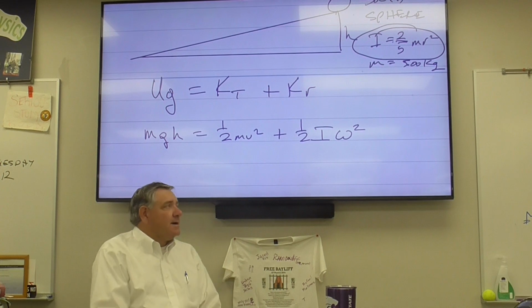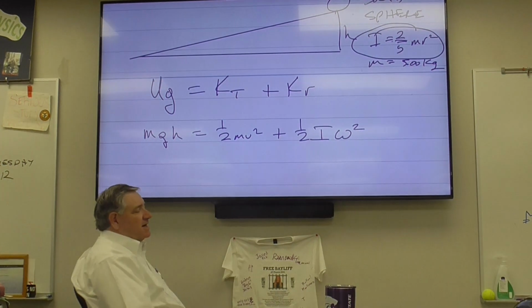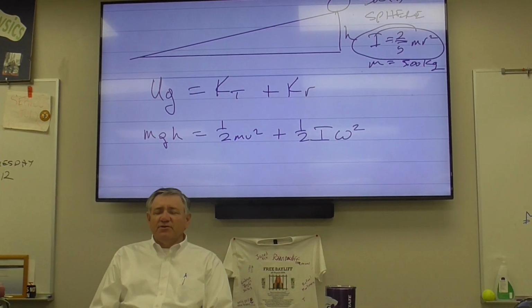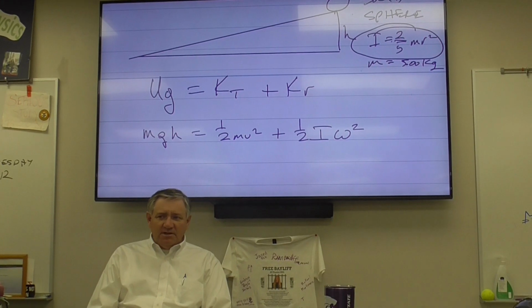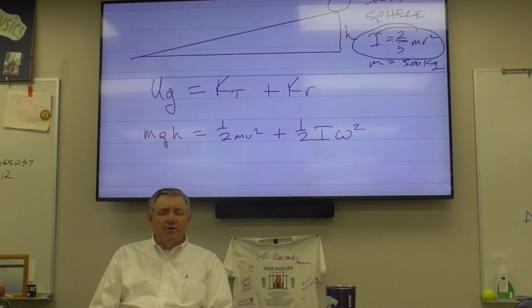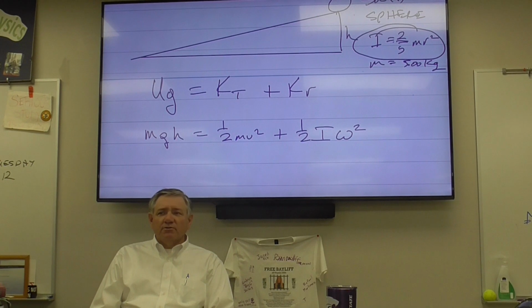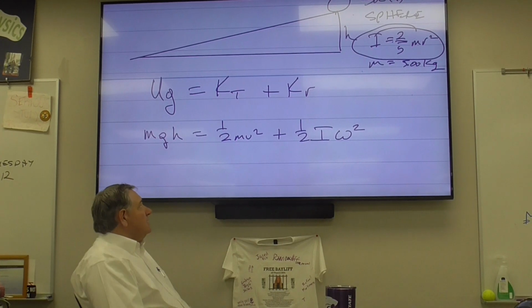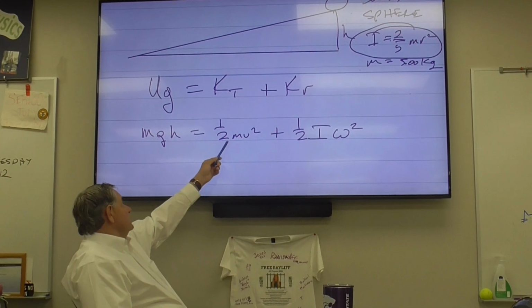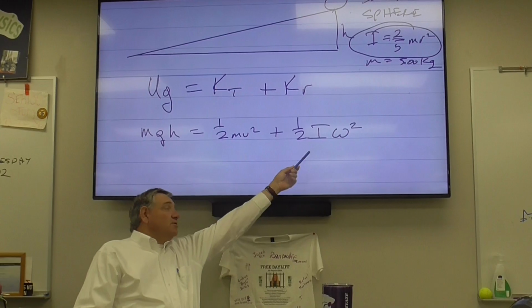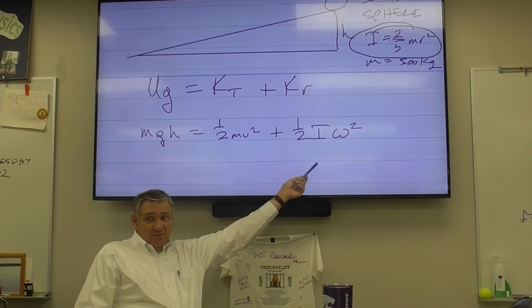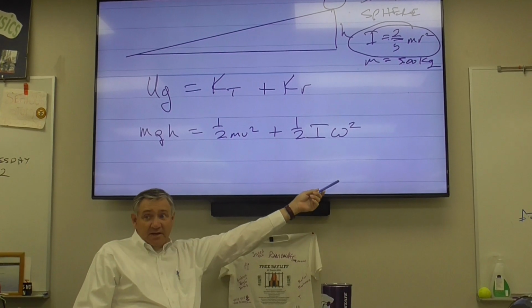Now, again, I cannot emphasize this enough. If you try to put numbers in here right from the get-go, you are screwed. Instant explosion. You cannot even begin to win. You don't know what the velocity is, you don't know what the moment of inertia is because you don't know what the radius is, and you don't know what the omega value is.